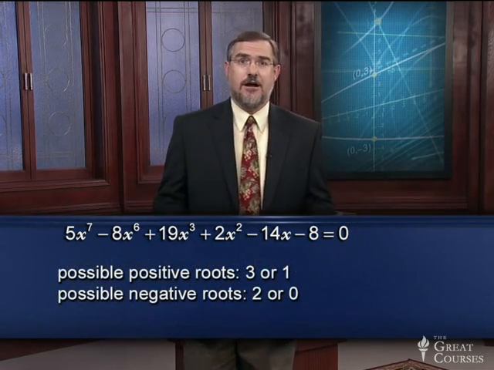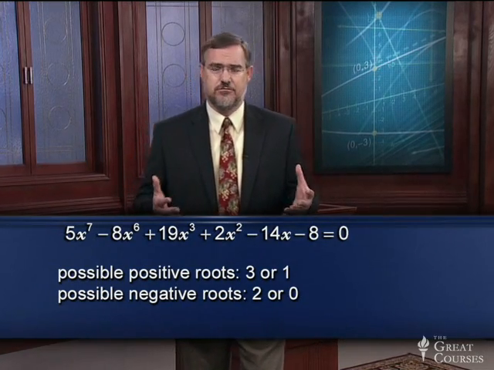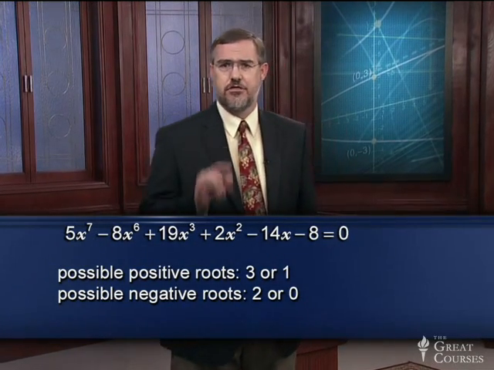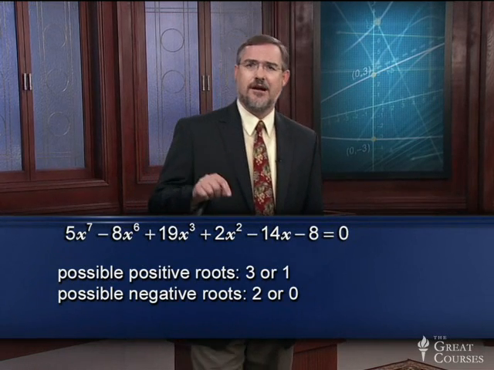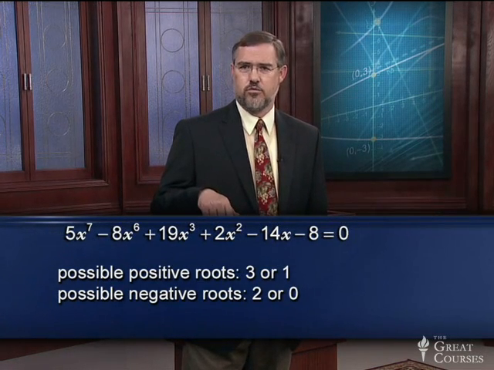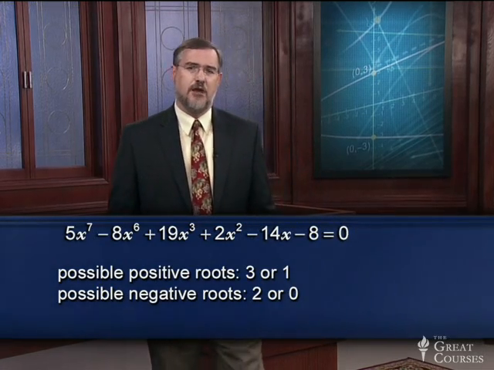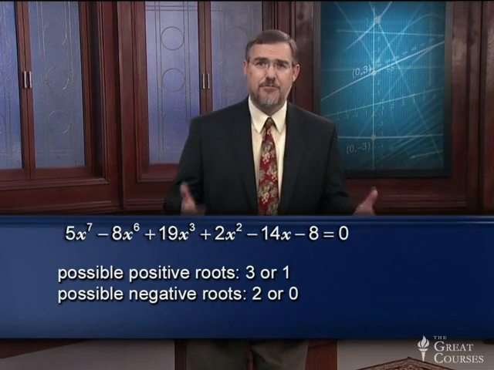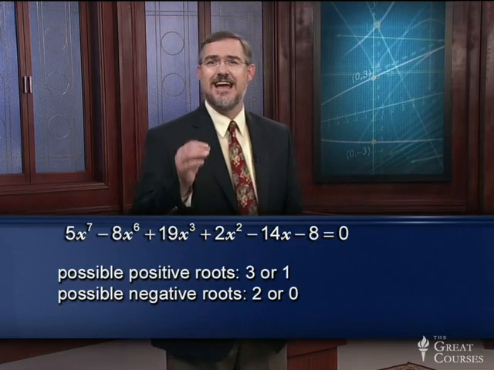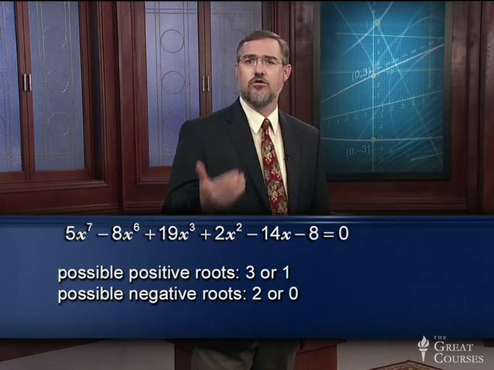Okay, so in this problem, we now know that the possible number of positive roots is either 3 or 1, while the possible number of negative real roots is either 2 or 0. Well, how might that help me? Well, for example, let's say we found out that a certain negative number was a root.